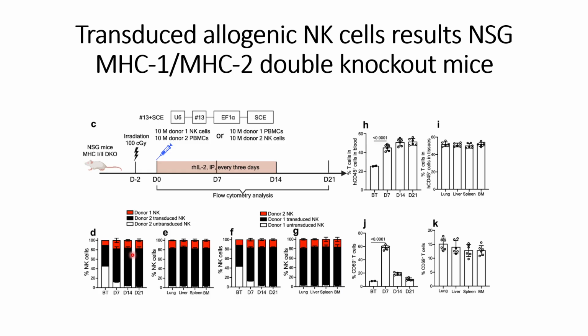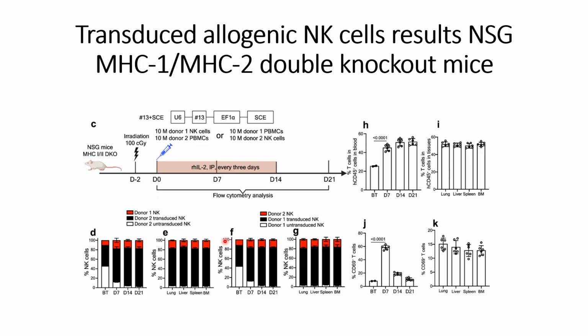In fact, the transduced donor 2 NK cells are increasing. They checked this in the blood, and when they checked the tissues, they saw consistently maintained donor 2 transduced NK cells, with expression of around 80% in almost all the tissues they checked. It is lung, liver, spleen, bone marrow.